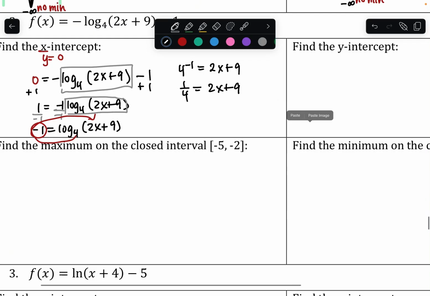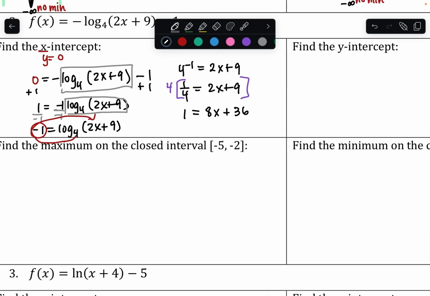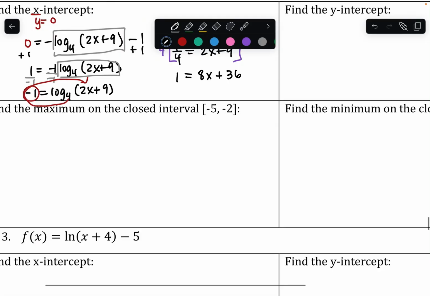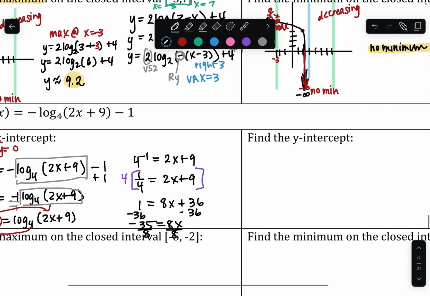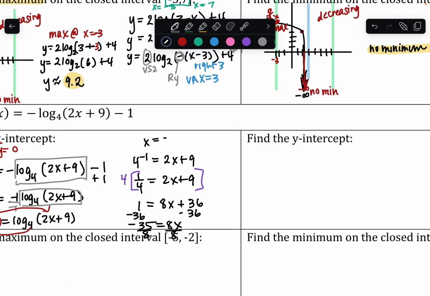And then if you want to get rid of that fraction right off the bat, you could scale the entire equation by 4, which would give me 1 equals 8x plus 36. And then we can subtract 36 from both sides, which is negative 35. And then divide by 8. And so x equals negative 35 over 8.